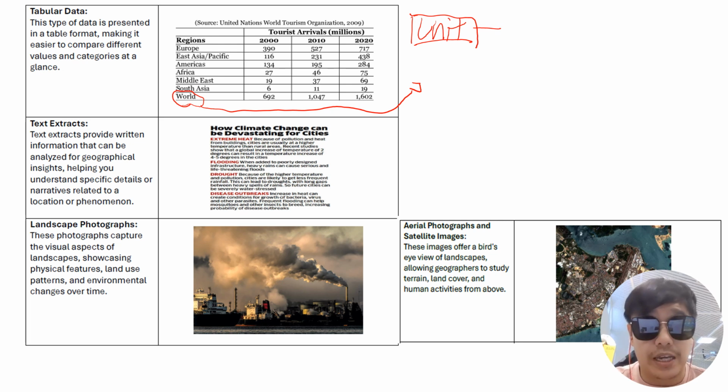One relationship that I can identify is that, okay, in 2000, the Europe region has more than half of the total tourist arrivals in the world. So Europe is the highest significant region whereby they receive the top tourist arrivals as compared to other regions.